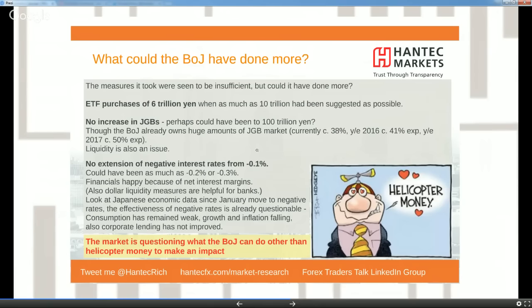For example, the Bank of Japan at the meeting just gone actually cut its forecast rates for GDP and inflation this year, and left the rates for 2017, 2018 as they were. However, it certainly shows that the immediate actions of the Bank of Japan are not really doing anything.